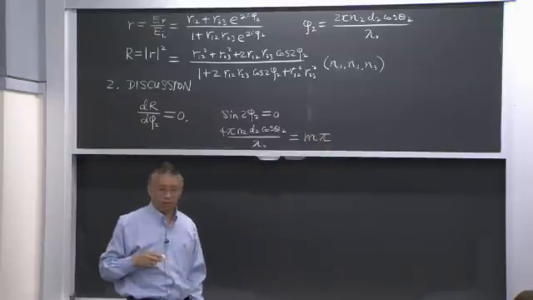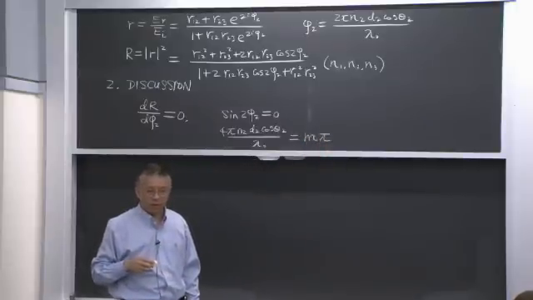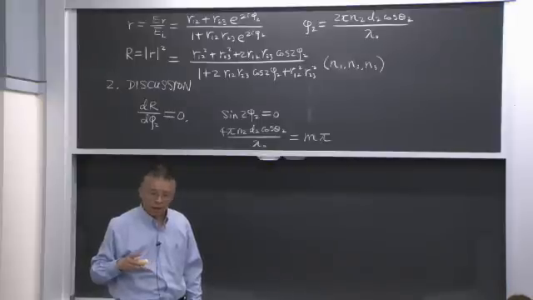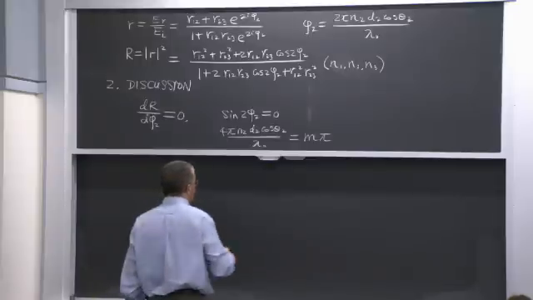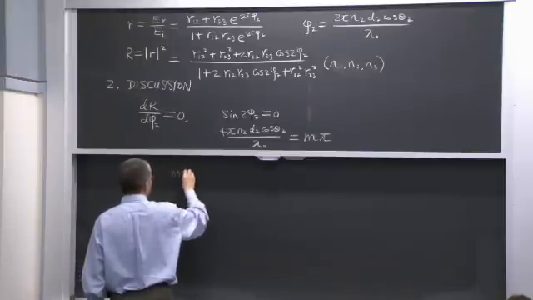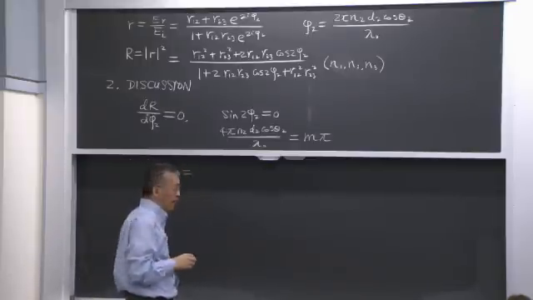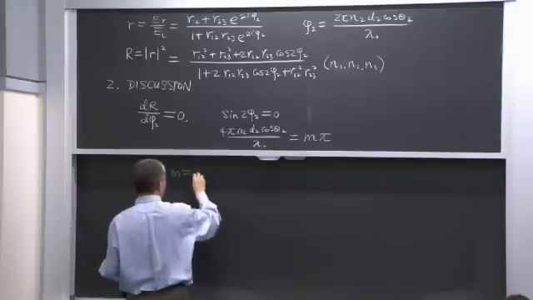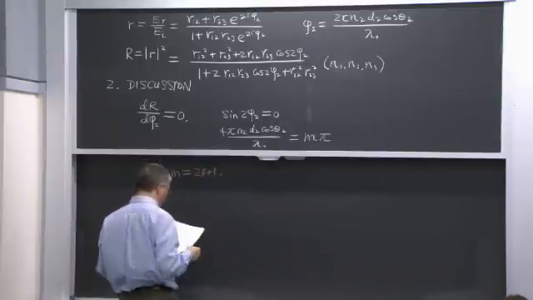That's when sine goes to 0. M is an integer, right? But whether it's a maximum or minimum: when m is an odd number, so m equals 2l plus 1, let's say an odd number.